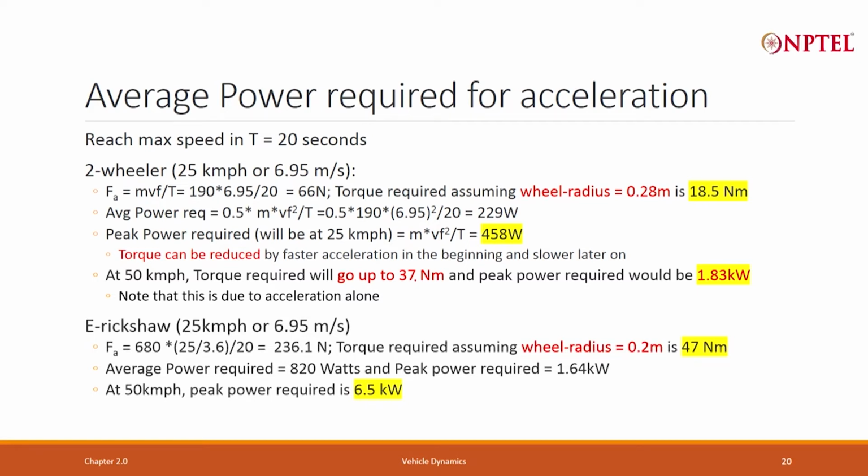Similarly, you compute for e-rickshaw. E-rickshaw the force is much more, because you have a weight of 680 instead of a weight of 190. So, the force required is 236 Newton and therefore, torque requirement is 47 Newton meter.